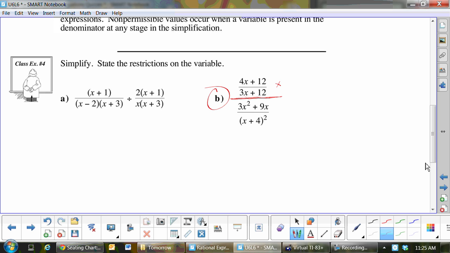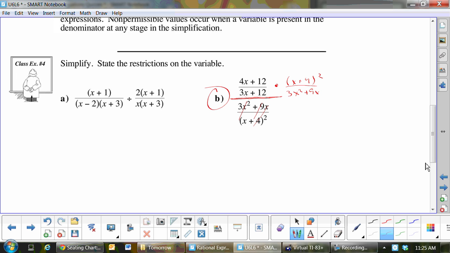That would be times what? Right, x plus 4 squared over 3x squared plus 9x. Okay? Now, this is gone, right? Actually, I'm going to use a big dot, okay? So you don't get my x's mixed up with my times signs.